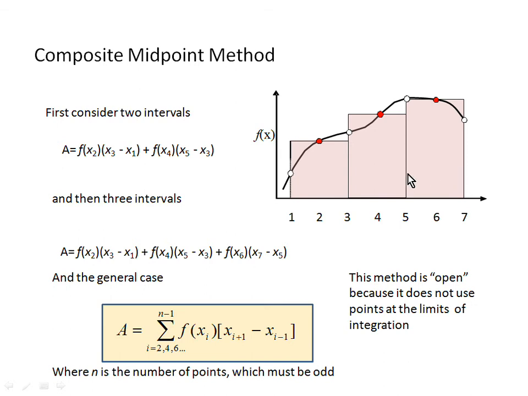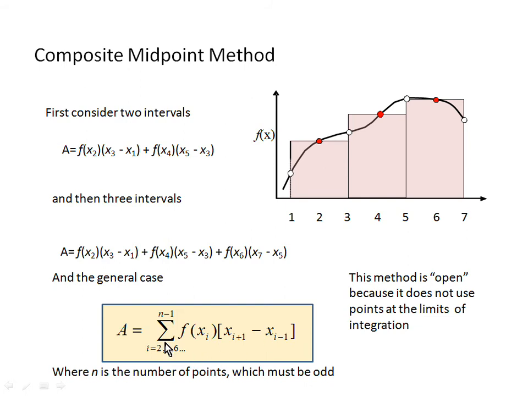So I think you can see the pattern emerging where the area under the curve where we would have many rectangles would be the sum of f evaluated at x sub i times the difference between x at i plus 1 minus x at i minus 1.